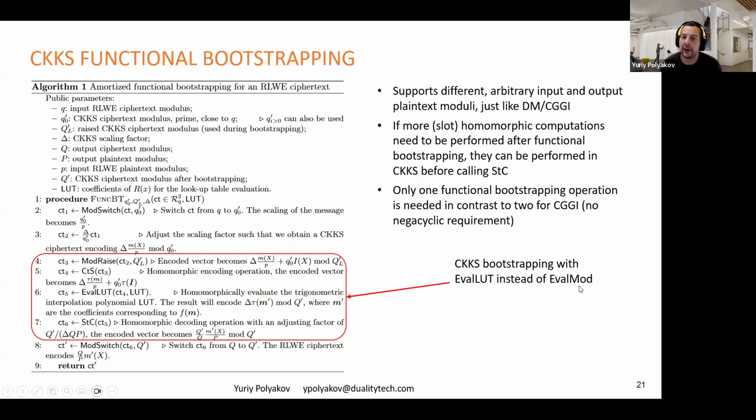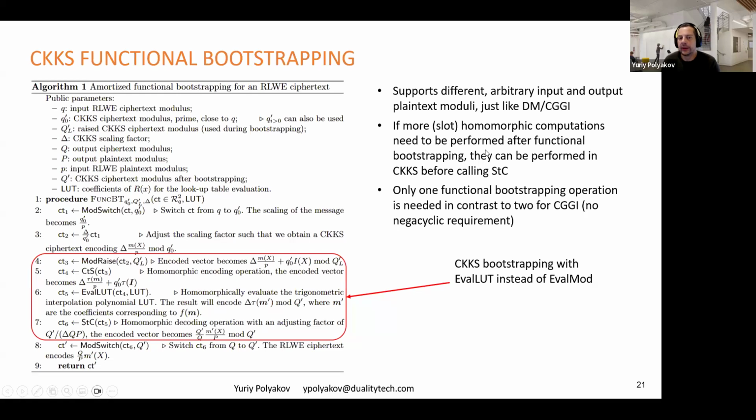So we also want to note a couple of important properties that this algorithm supports: different and arbitrary input and output plaintext moduli, just like the TFHE family. So no restrictions on the plaintext moduli, because quite a few algorithms often have restrictions. In this case, we have the same generality as TFHE.